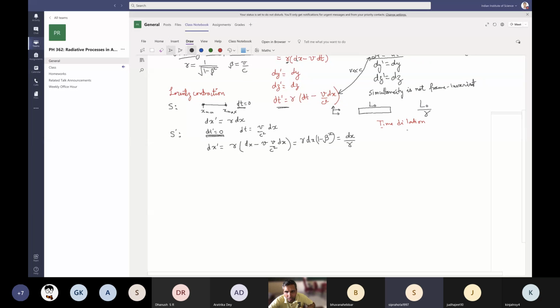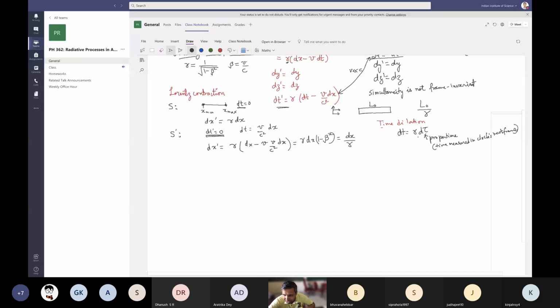That means we get gamma times the proper time: dt equals gamma d tau. So this is the proper time, the time measured in the clock's rest frame.